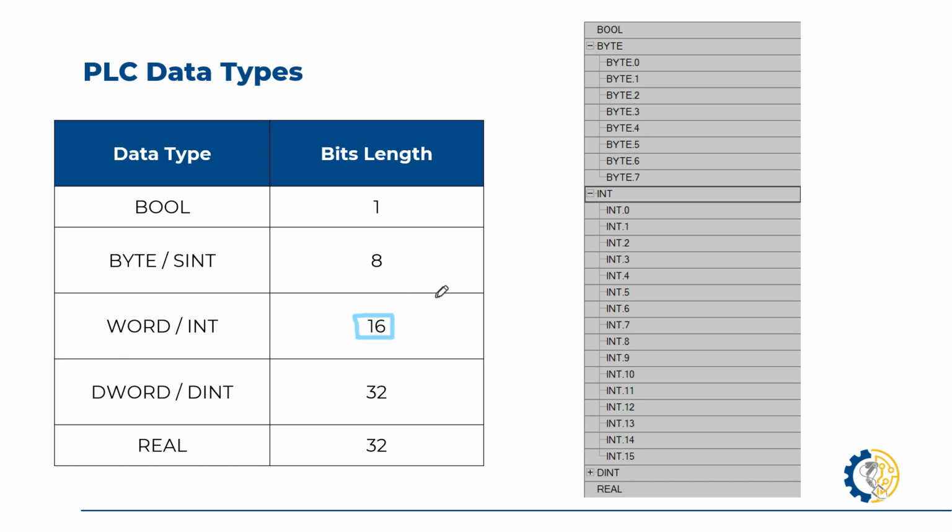Okay. Now an integer has 1, 2, 3, 4, 5, 6, 7, 8, 9, 10, 11, 12, 13, 14, 15, 16 what? Boolean data types. 16. Oh, well, you know what, Rodrigo? I'm counting here from PLC programming.